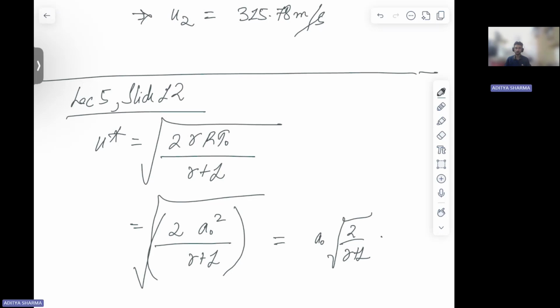So A naught will be outside the root. So mistakenly in the slide, it has been taken inside. Okay. So as per how it has been worked out in the slide, it should be outside. Right.